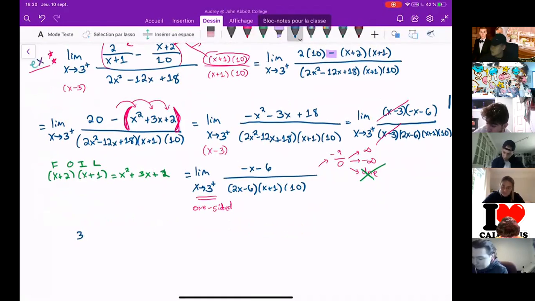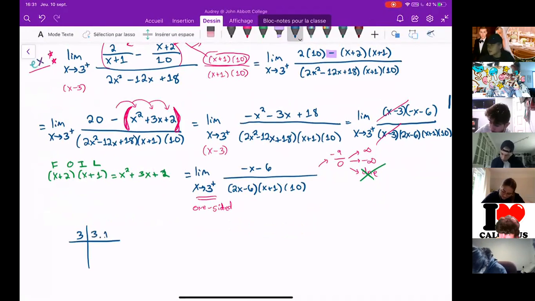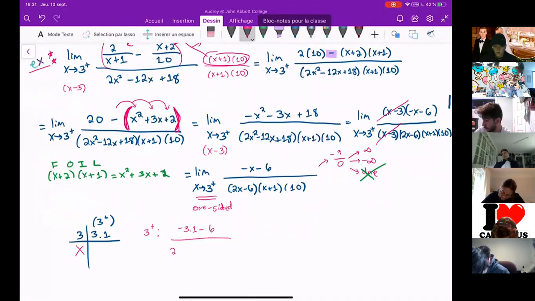So I have my 3. What's a good number on the right side of 3? 3.1. Yay, 3.1. So 3 from the right. I'm plugging in 3.1. And I'm like minus 3.1 minus 6 over 2 times 3.1 minus 6 times 3.1 plus 1 times 10.